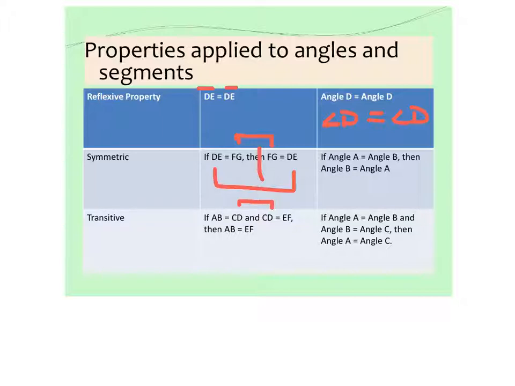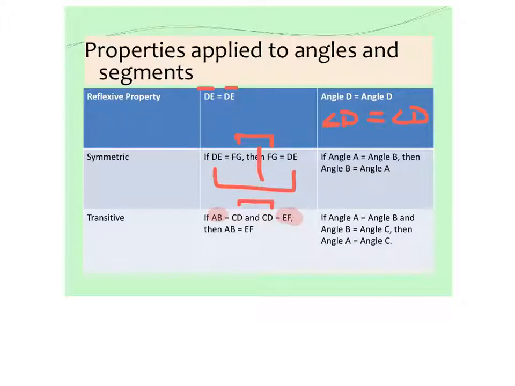And then you can finally conclude that the original hypothesis matches with the conclusion of the second statement. And that's your transitive. Again, it's like the law of syllogism. We're just applying it now to segments and angles.